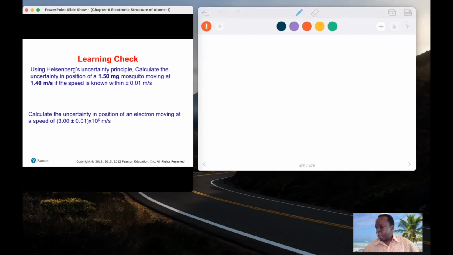For subatomic particles, such as an electron, the challenge here is knowing the mass. Wherever you are given that, sometimes they expect you to use the text to find the mass of an electron.